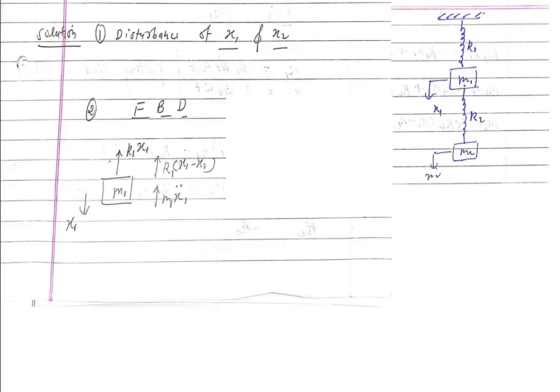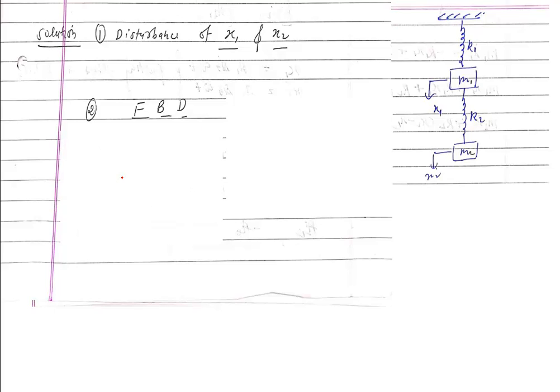If we disturb the mass m1 slightly downward and m2 slightly downward, it is always assumed that x1 is greater than x2. In that case we are going to find the free body diagram.